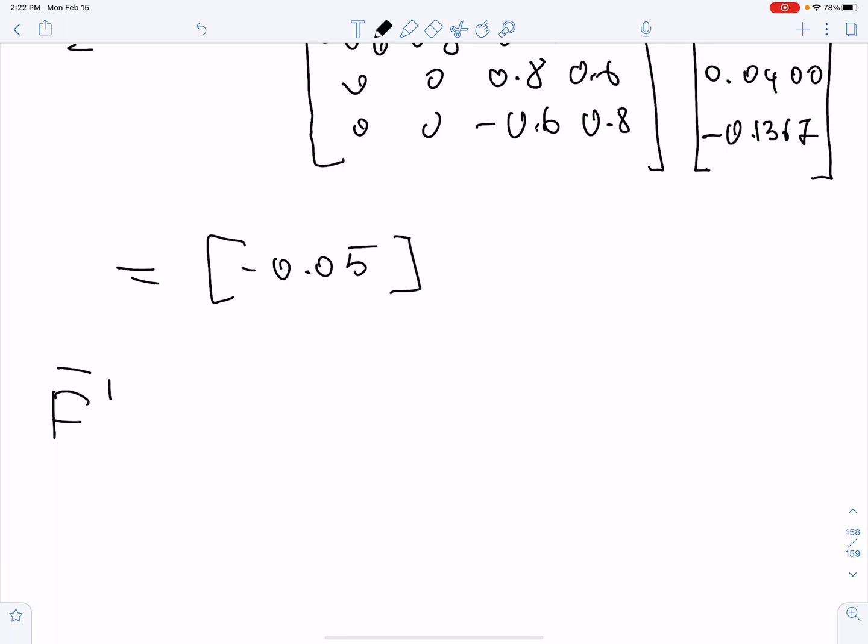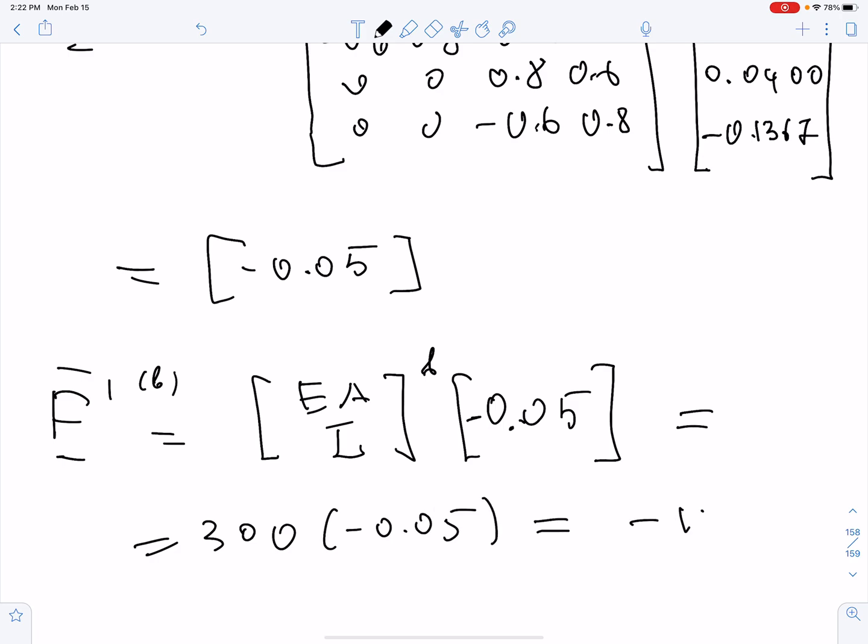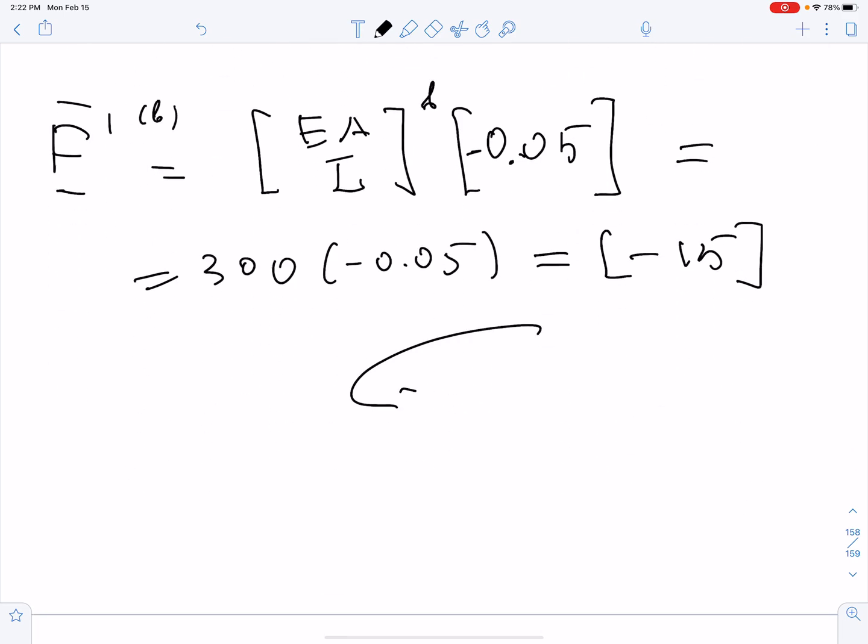Computing the basic force for element B: EA over L for B times minus 0.05 is 300 times minus 0.05. I get 15 negative units of force. So the element is in compression.